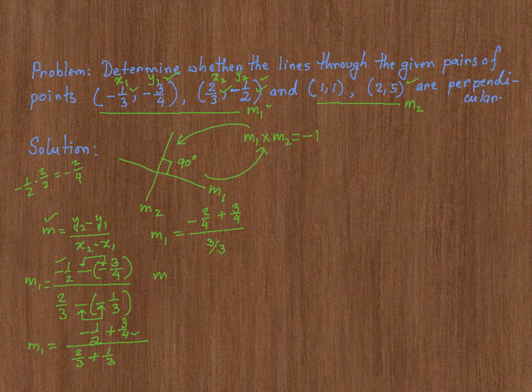If I continue simplification, I get, in the numerator, -2 plus 3 over 4, in the denominator 3/3, which tells me M1 is equal to 1/4 in the numerator, in the denominator 1, so my M1 is equal to 1/4.